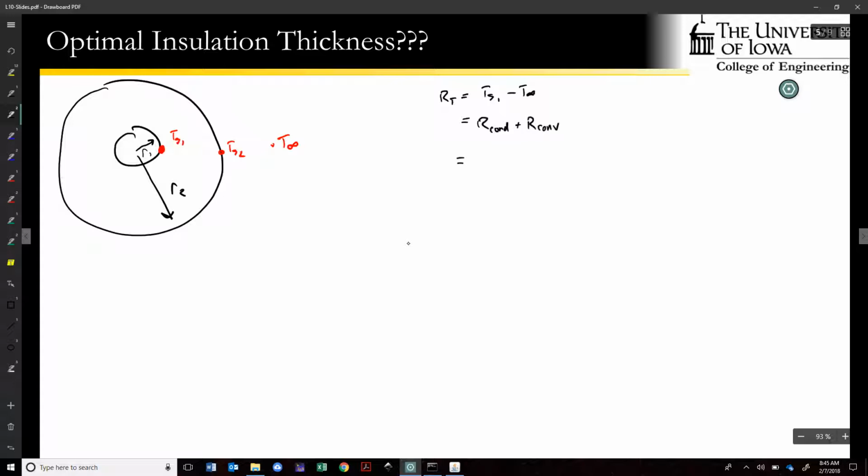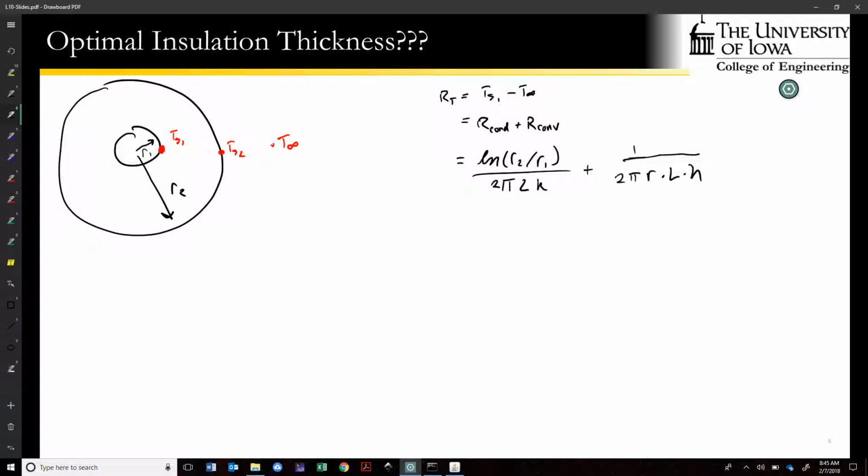So for a cylindrical tube or cylindrical wall, the conductive resistance will be ln of R2 over R1 over 2 pi, whatever the length is, times the thermal conductivity, and the convective resistance is 1 over 2 pi R times L times the convective heat transfer coefficient.